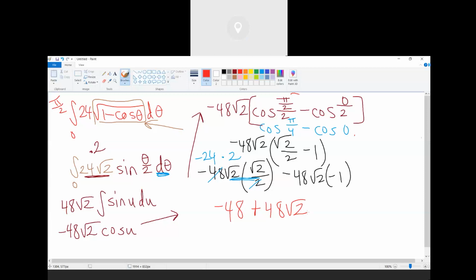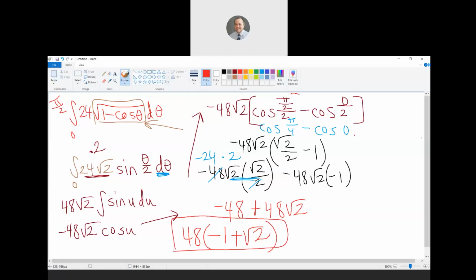And the very last step, pull out a 48 from both terms. So when you pull out a 48 from both terms, that leaves you with 48 times negative 1 plus square root of 2 in parentheses. Any questions about this particular problem?